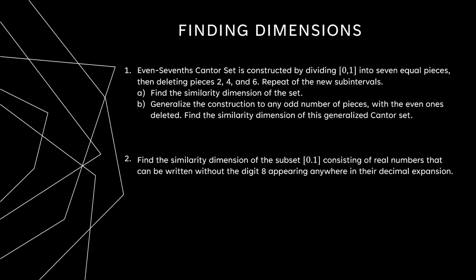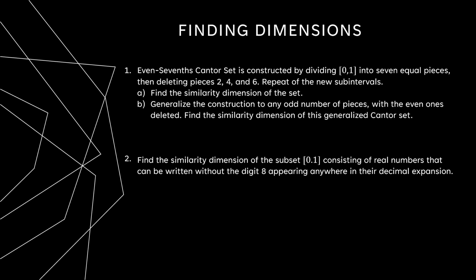But another version of it is called the even sevenths Cantor set. And I've described how you can do this. I then asked you to find the similarity dimension of that set, which if you think about the way we just broke down, what is the ratio? So how many ratios make the full one? And then how many iterations does it take to fill in that full one?